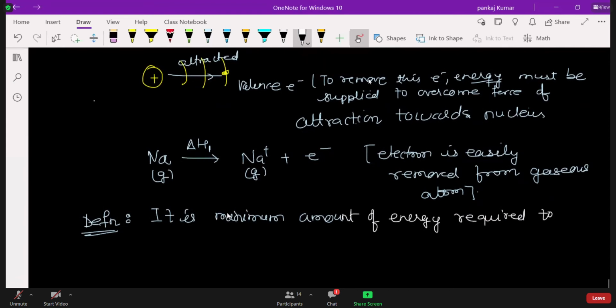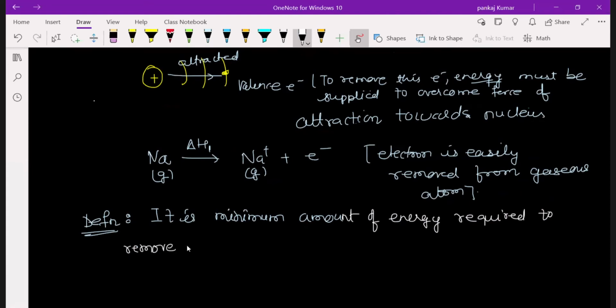It is the minimum amount of energy required to remove the most loosely bound electron. We have to select the electron which is loosely bound.